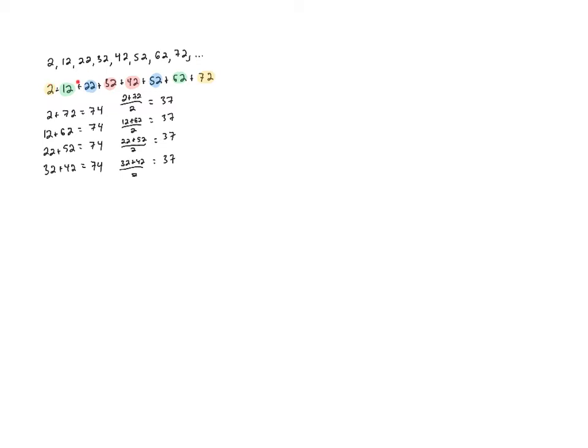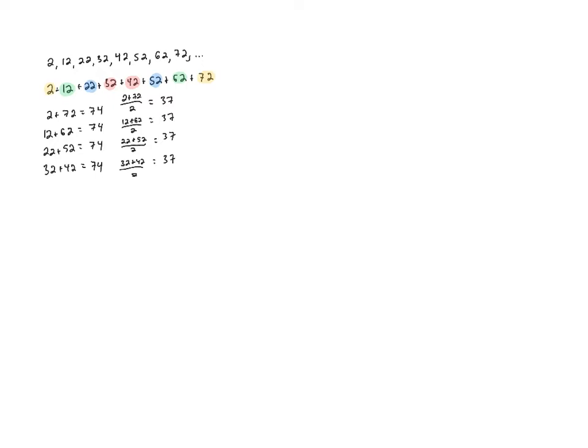It turns out that all of the numbers, when taken as a group, have the same average. And so we can take that average and multiply it by the total number of terms, and that gives us our partial sum.